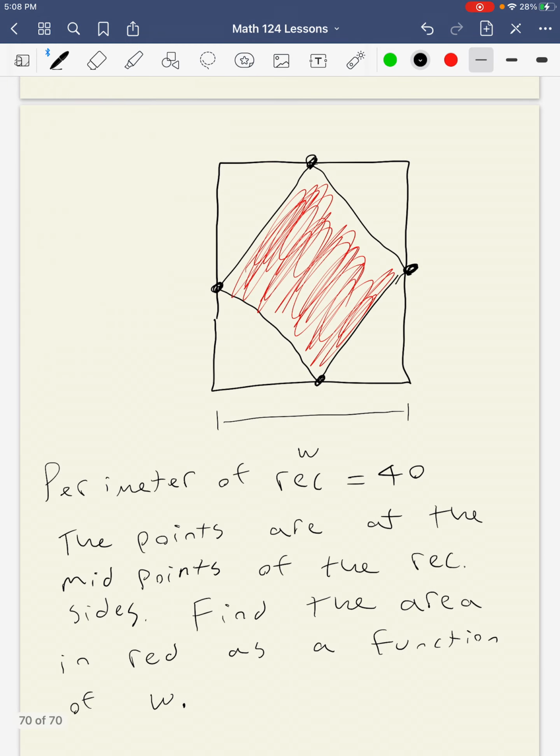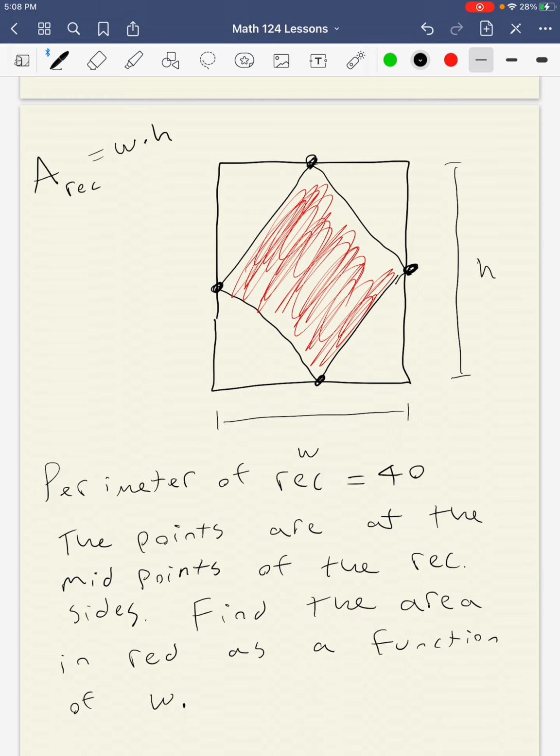So how do we do that? Well, the area of a rectangle is width times height. Okay. But we weren't really given any information about the height, right?